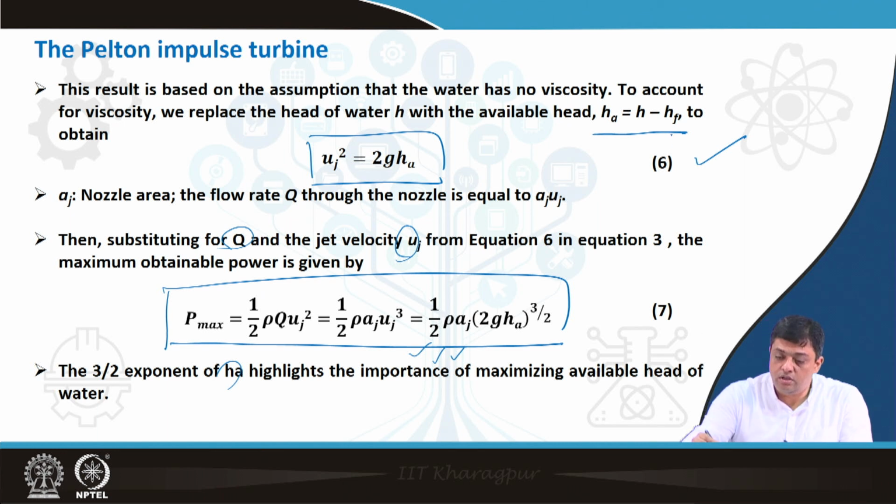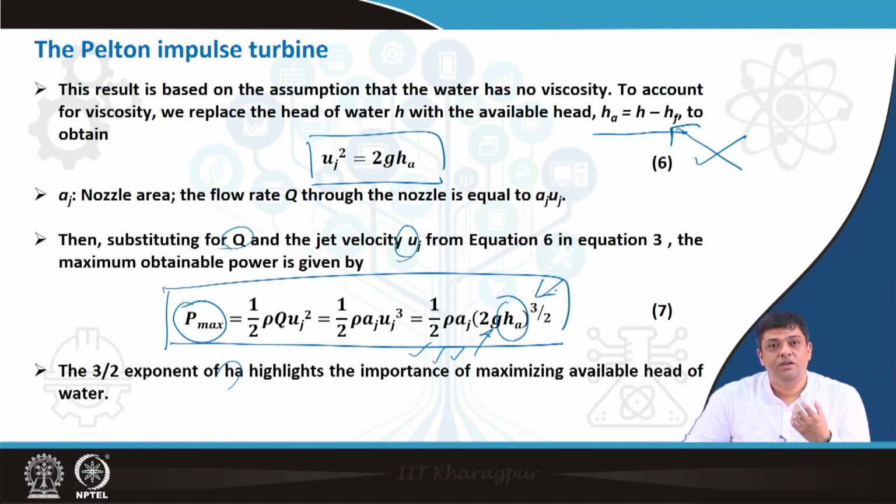You have to ensure that head loss is minimal, and that is why we had written in the earlier case that head loss is generally kept as 0.1 of H. Otherwise, G is a constant here in this equation. If H A becomes small, the maximum power will also reduce significantly because of this exponent 3 by 2.